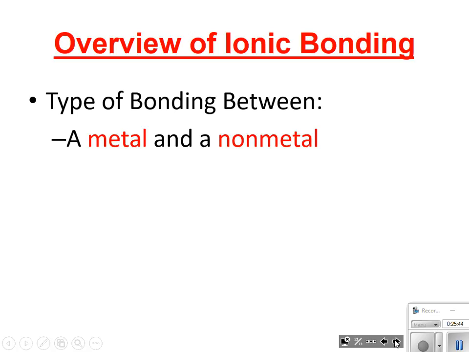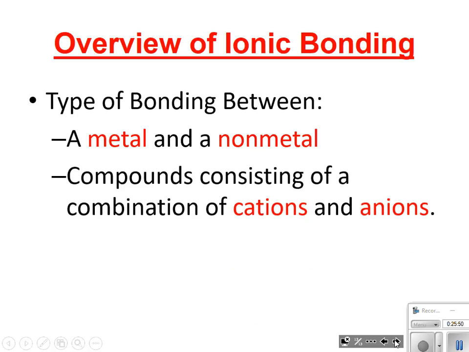Well, when we form ions, metals form cations, nonmetals form anions. So the bonding is between a metal and a nonmetal, consisting of cations and anions.